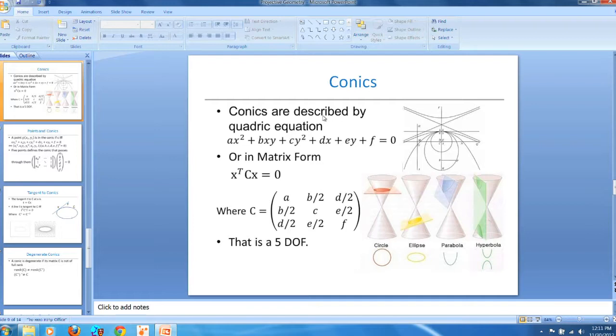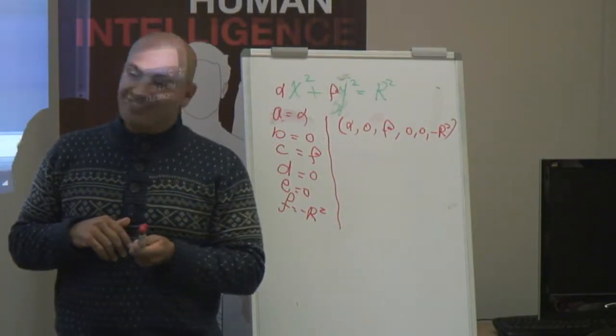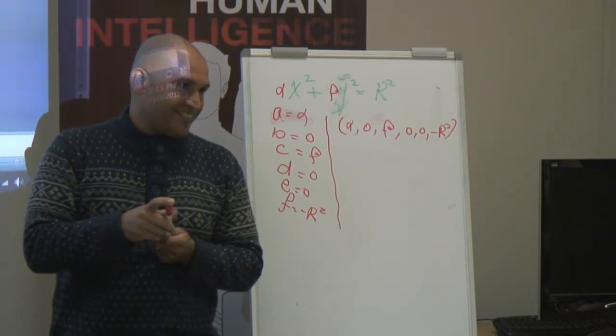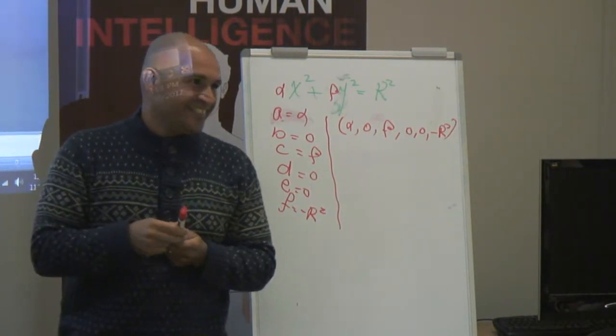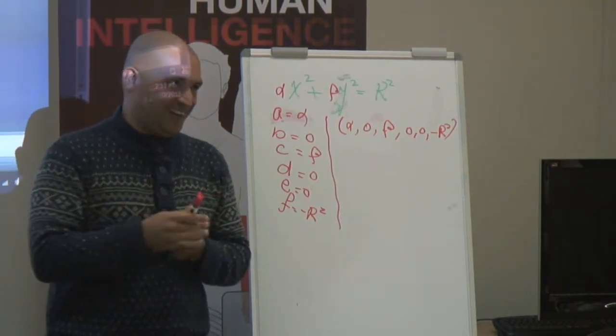So one will be dependent and the others will be free. What if f is 0? Here we assume f is not 0. If it is 0, we can choose another one that is not 0 and divide by it. It's the same. Whichever one you take that is not 0 and divide by, you will get 5 degrees of freedom.